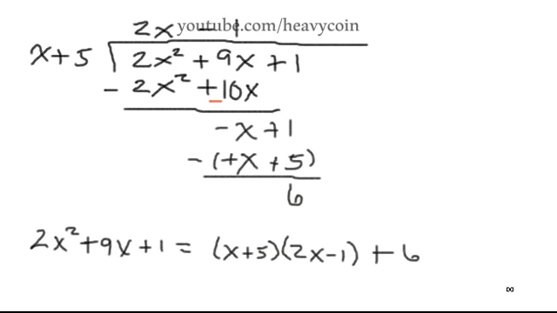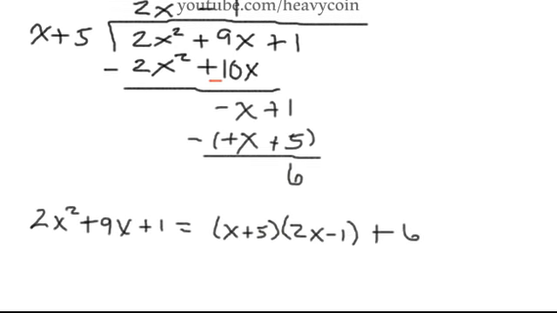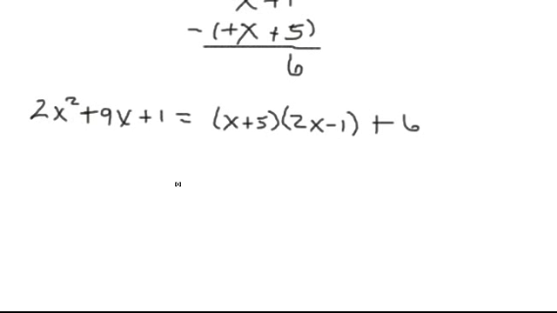So this is how we check our work out. If I multiply this out, add 6 to it, I should get this. And I do. So you can go ahead and try that out, multiply that out, add 6, and you will get the left hand side over here. So this is how you check your work.